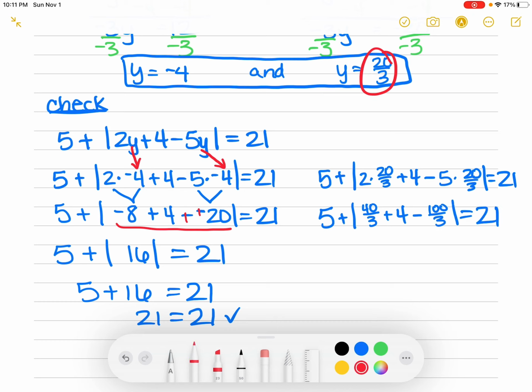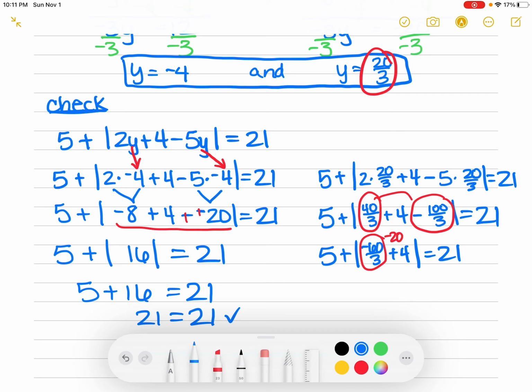Okay, I don't have a calculator with me, so I'm trying to do this all in my head. So I'm going to do these two first. Okay, I'm going to add these up. I'm leaving the 4 until the last because it doesn't have a common denominator right now. So 40 minus 100 is going to be negative 60 over 3 plus 4. Negative 60 over 3, that's going to equal negative 20, because it's like negative 60 divided by 3.